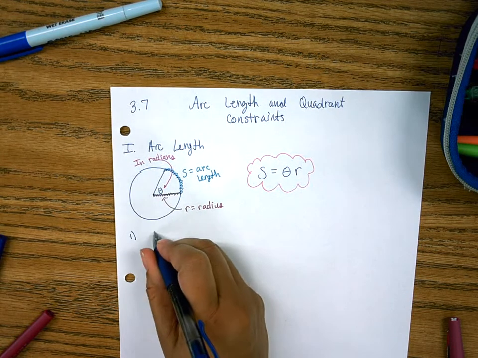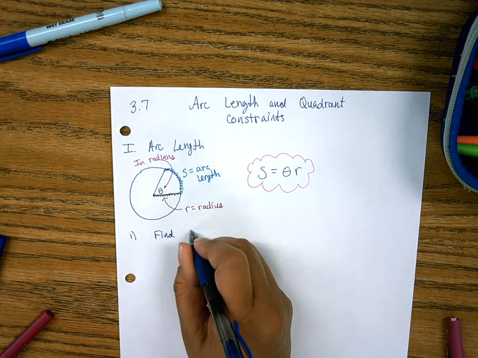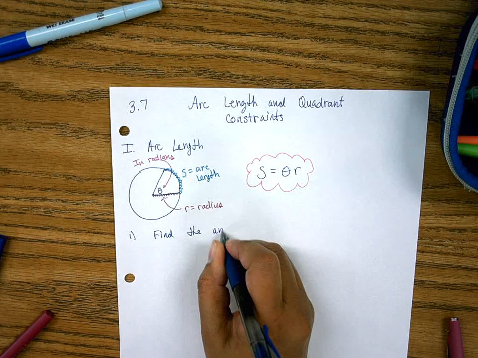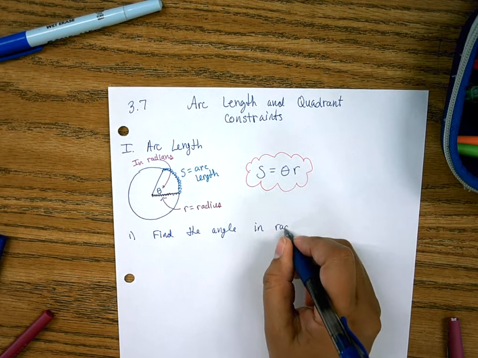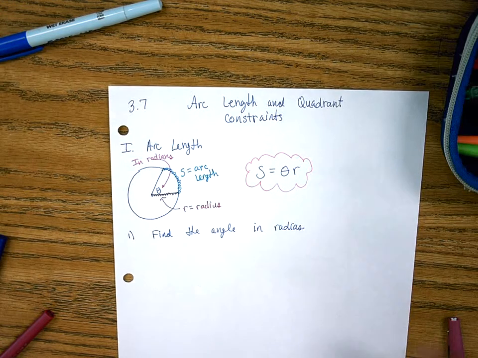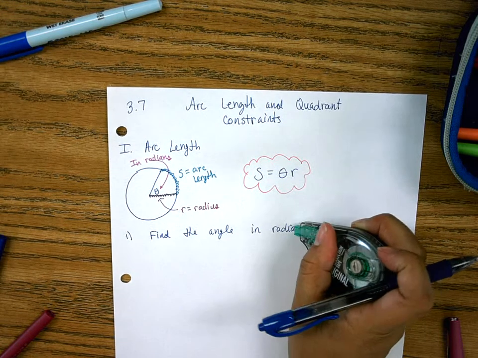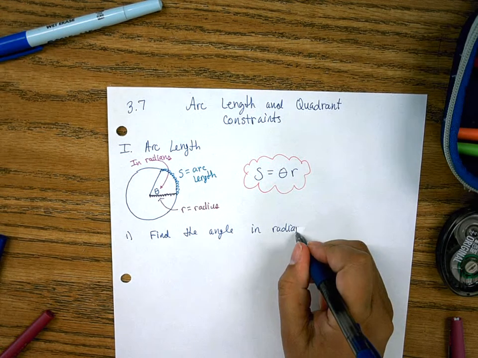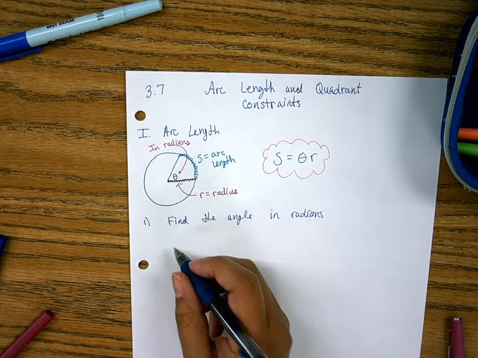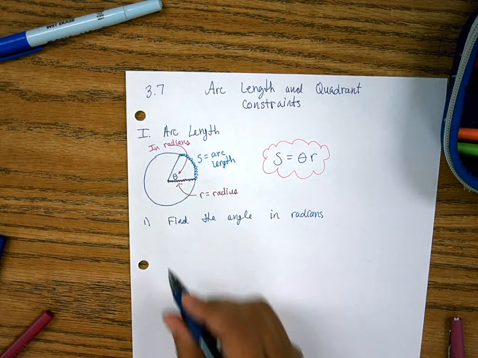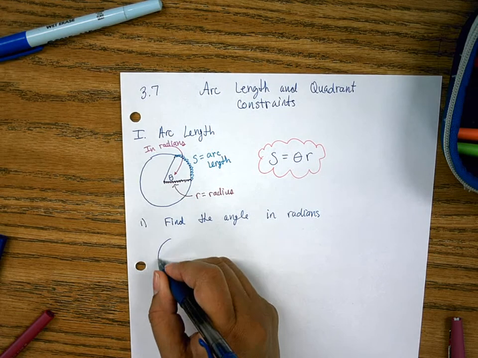All right, number 1. Find the angle in radians. We're going to do this for 1 and 2. So let's get our circle down.